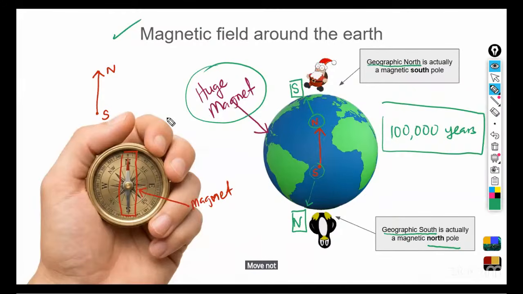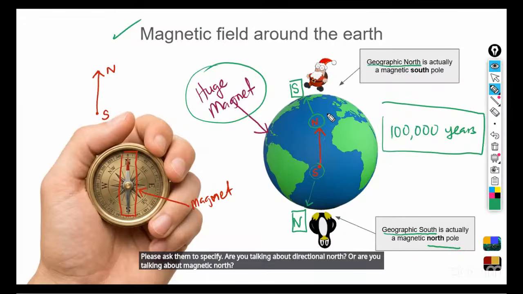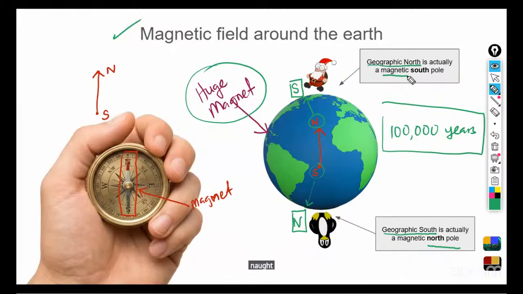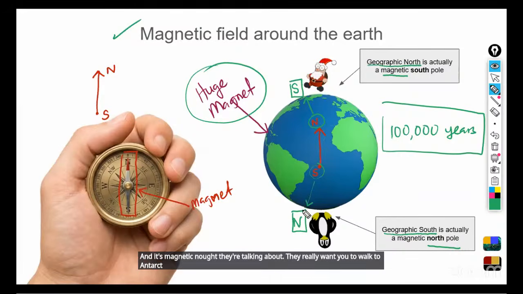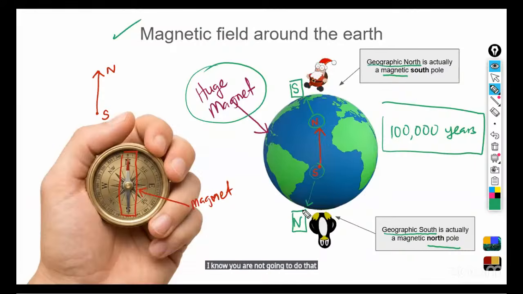So anytime somebody tells you, could you please move north? Please ask them to specify. Are you talking about directional north or are you talking about magnetic north? Because if they are asking you to walk north and it's magnetic north they're talking about, they really want you to walk to Antarctica. I know you're not going to do that, but just say it.